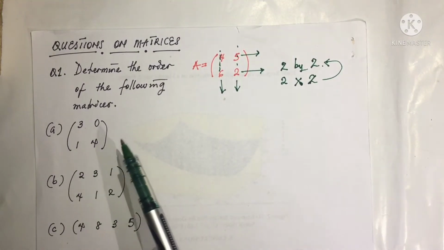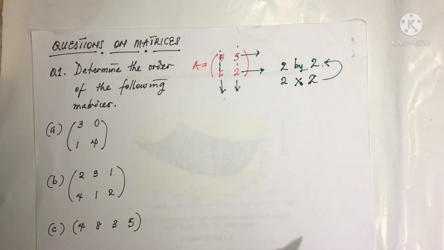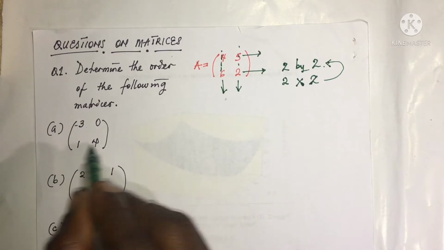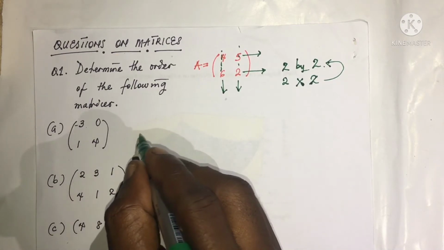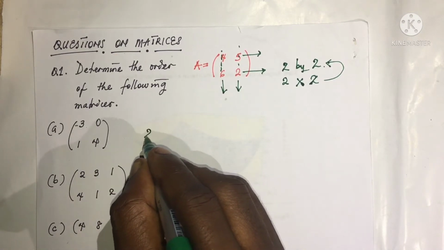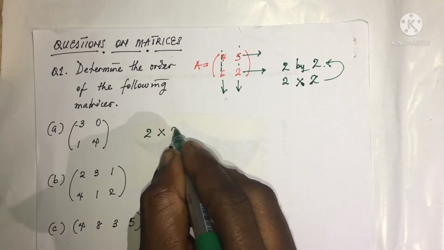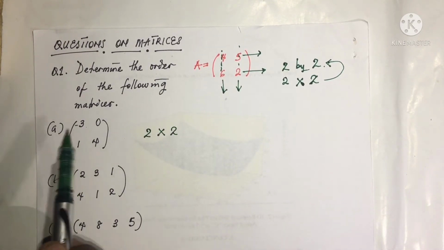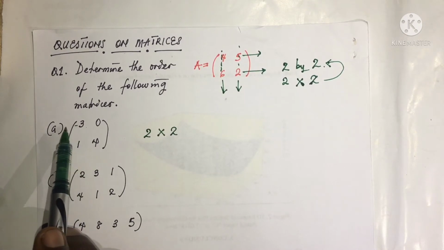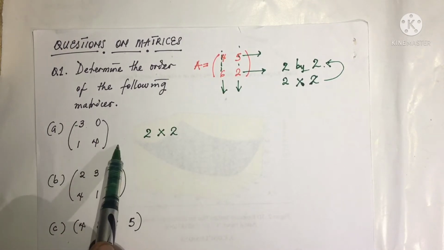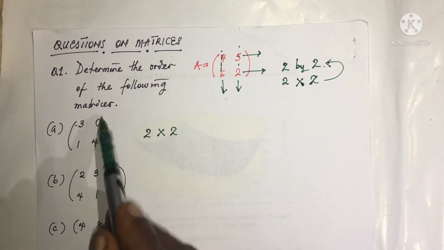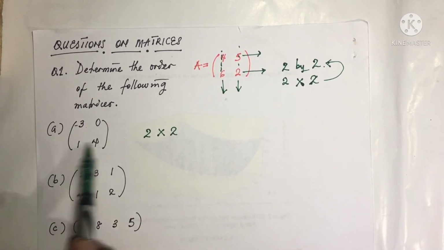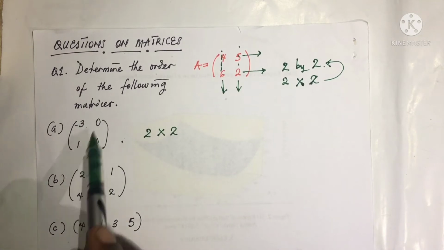For this matrix, the order will be 2 by 2. Why is that so? It is simply because the matrix has 2 rows and 2 columns.